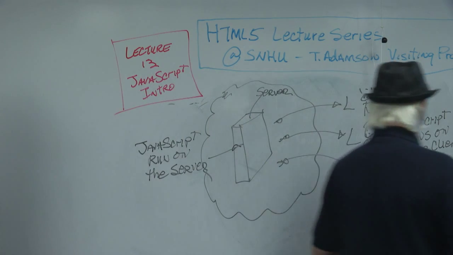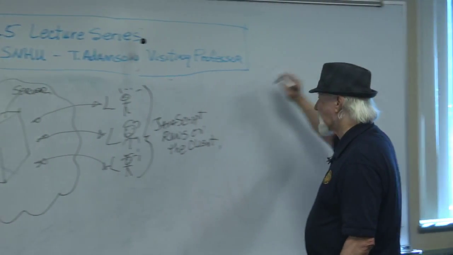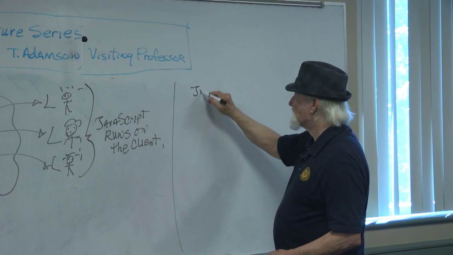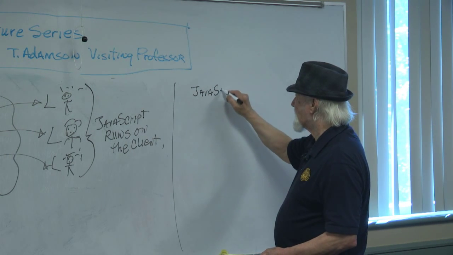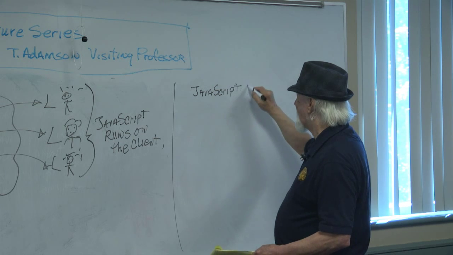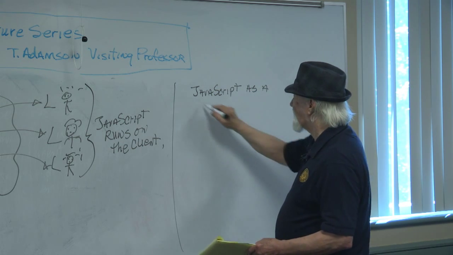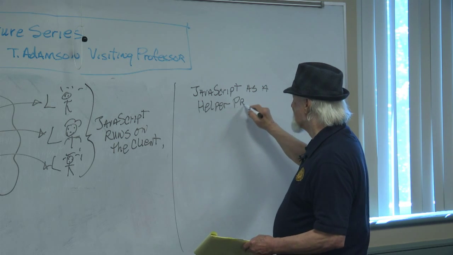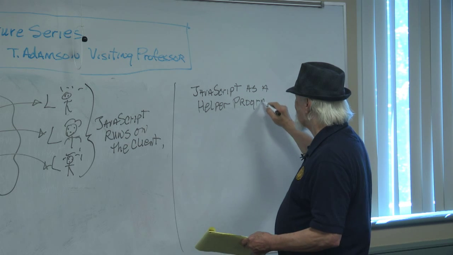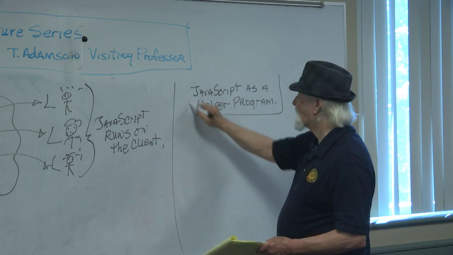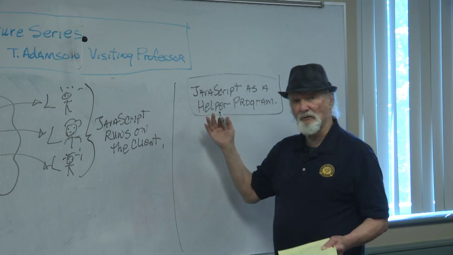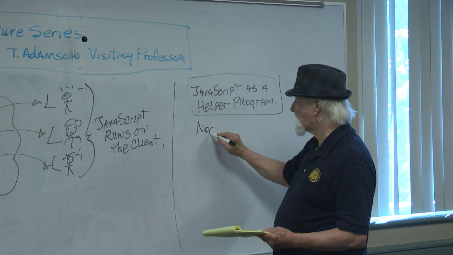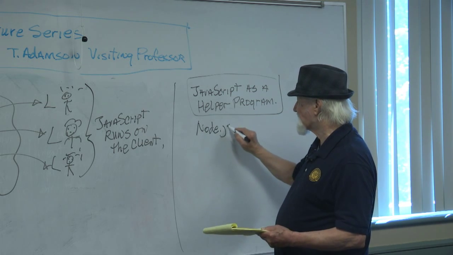And what I can do with this, coming over here on this side of the board, is that I can use JavaScript as a helper program. What a helper program is, someone's already coded something in JavaScript that I can use for free. And one of the things that's been coded in JavaScript that I can use for free is called Node.js.